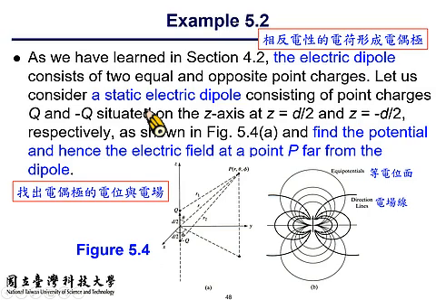So the positive charge Q is placed above the origin by d over 2, and the negative charge, minus Q, is located on the negative z-axis by d over 2. And we would like to find the electrical potential as well as the electrical field intensity expression for the electrical dipole. To the right is the solution.